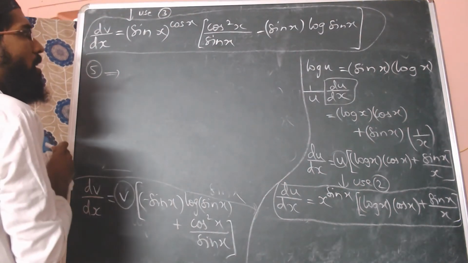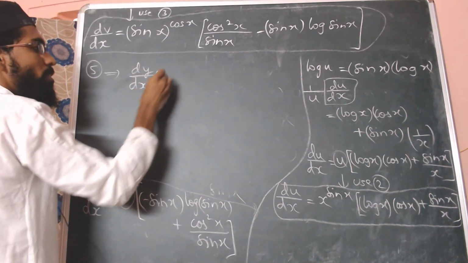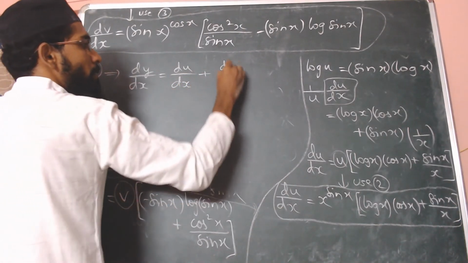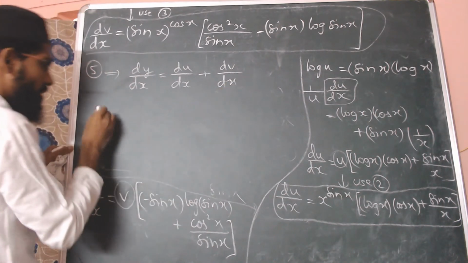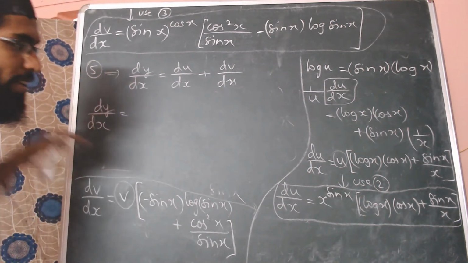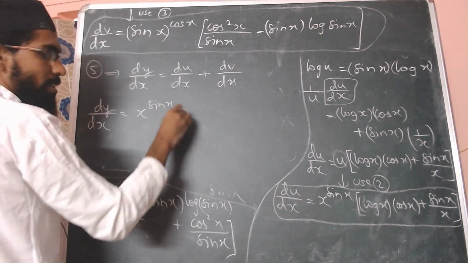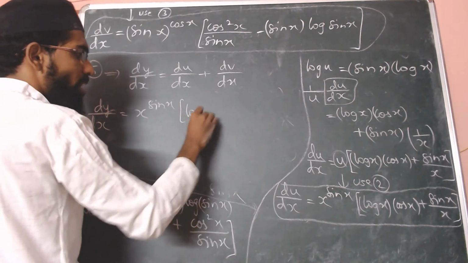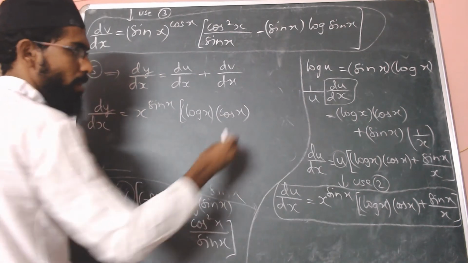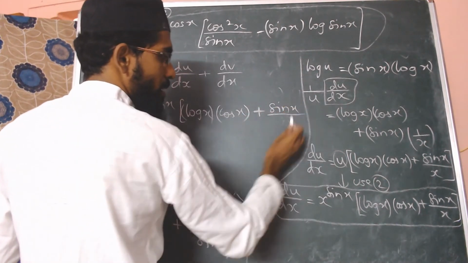So equation 5 is nothing but dy by dx equals du by dx plus dv by dx. So dy by dx equals, what is my du by dx? Du by dx, just now I got here, x power sin x into log x into cos x plus sin x by x.